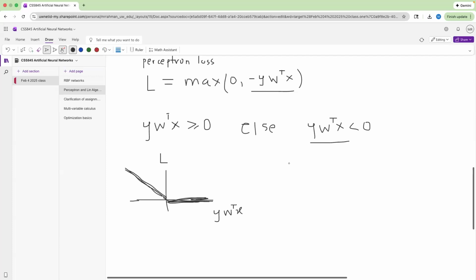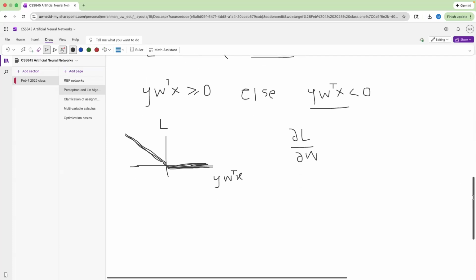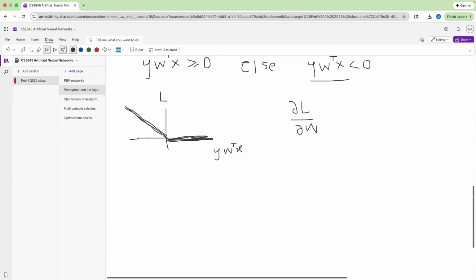And now let's compute the gradient of this loss with respect to the weight W. Now if you look here, this is not a continuous function, but it's kind of a piecewise linear function. So we have this linear part here and this linear part here. So when we take the derivative, we can just take the derivative in two cases.